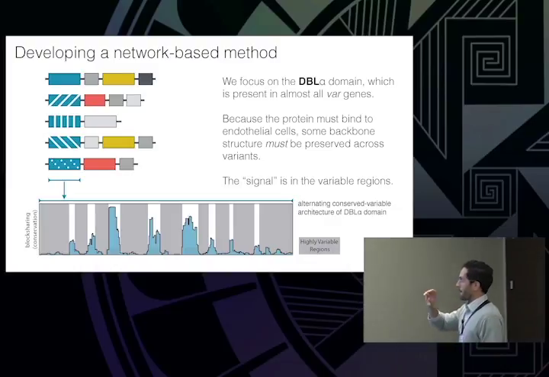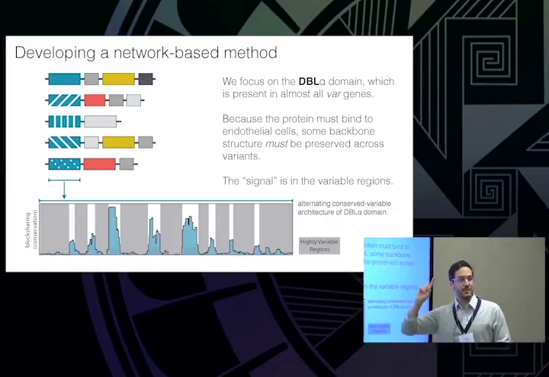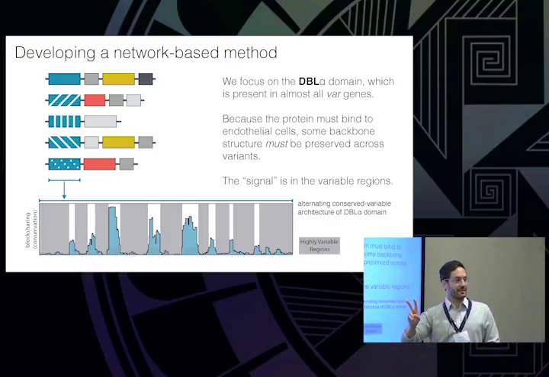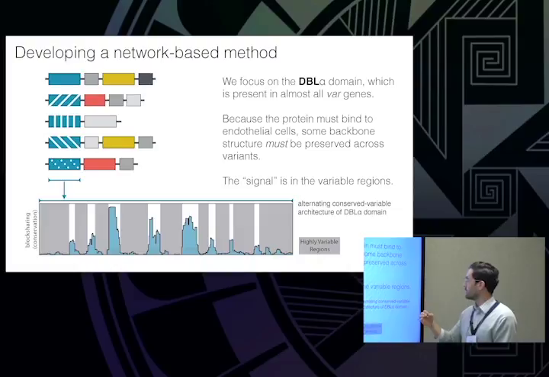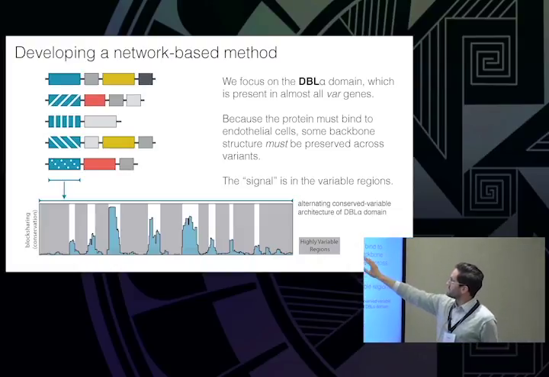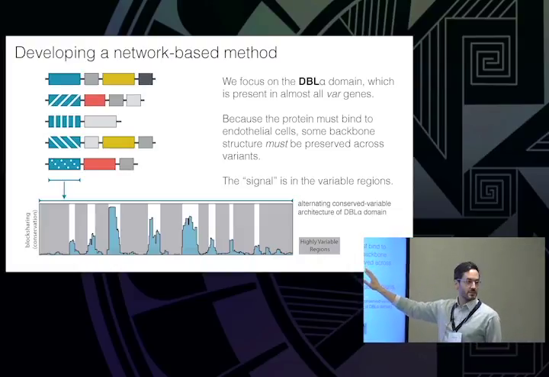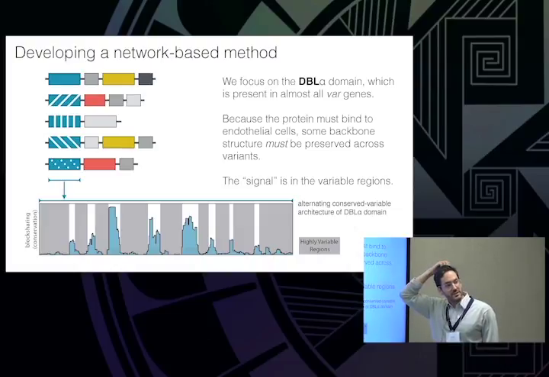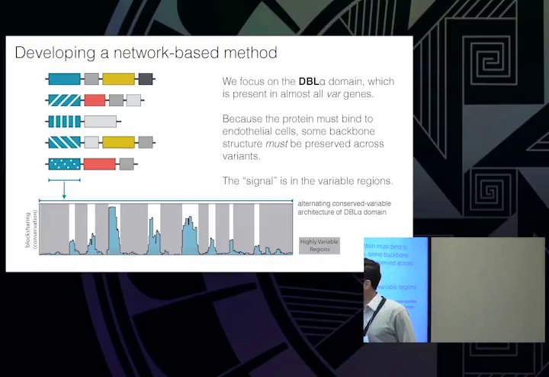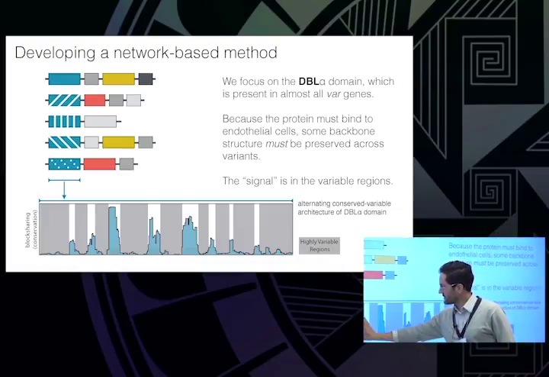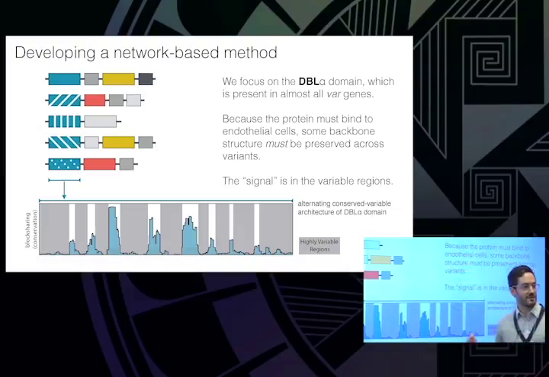So this protein, this Velcro, it needs to evade the immune system, but that's only its secondary characteristic, right? The primary thing it needs to do is to be able to stick to the endothelial cells around the body. So for that reason, some of the backbone structure needs to be preserved across variants. So what we see is if we take hundreds or thousands of these genes and we do an alignment and line them up, we see this alternating variable, conserved pattern.